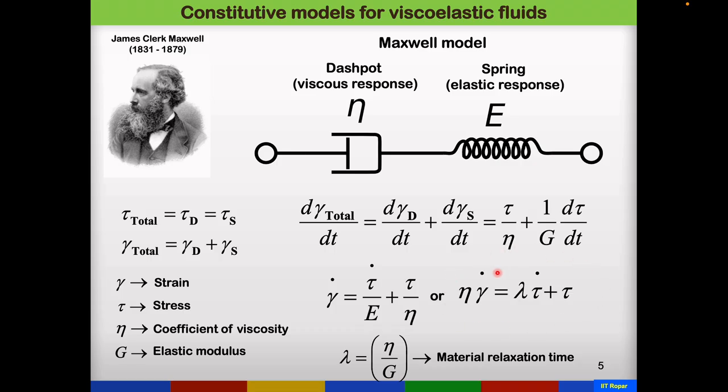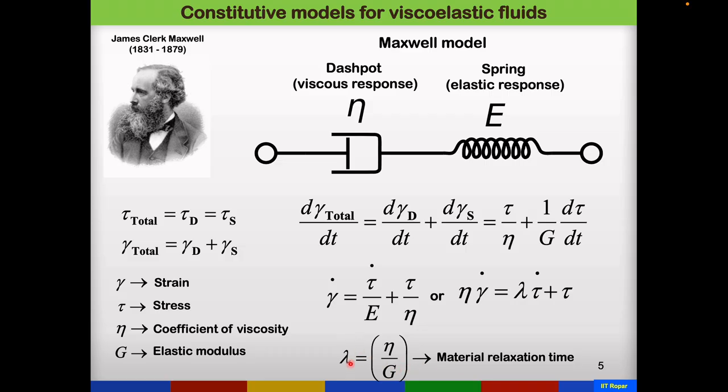The interesting thing is that in this model we have a parameter generally designated as lambda, which is nothing but the material relaxation time. When you apply some force on a fluid, there will be some deformation within the fluid.